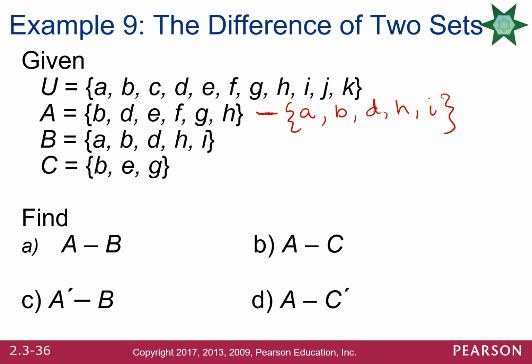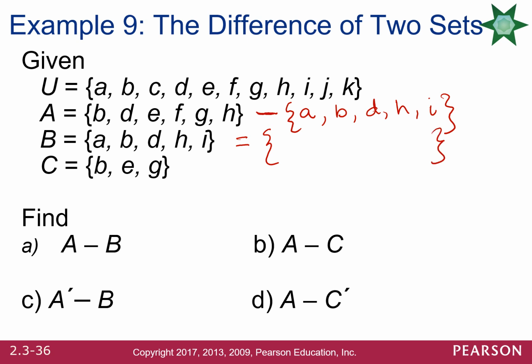So let's look at which elements are in B. We are going to cross those out from A. So we have to cross out the common elements as well, correct? So the final set would be here.